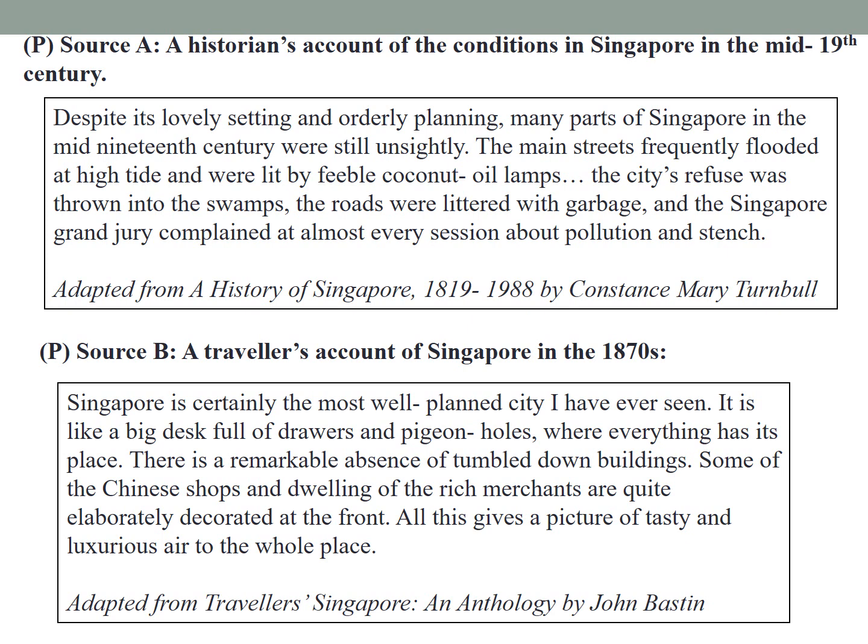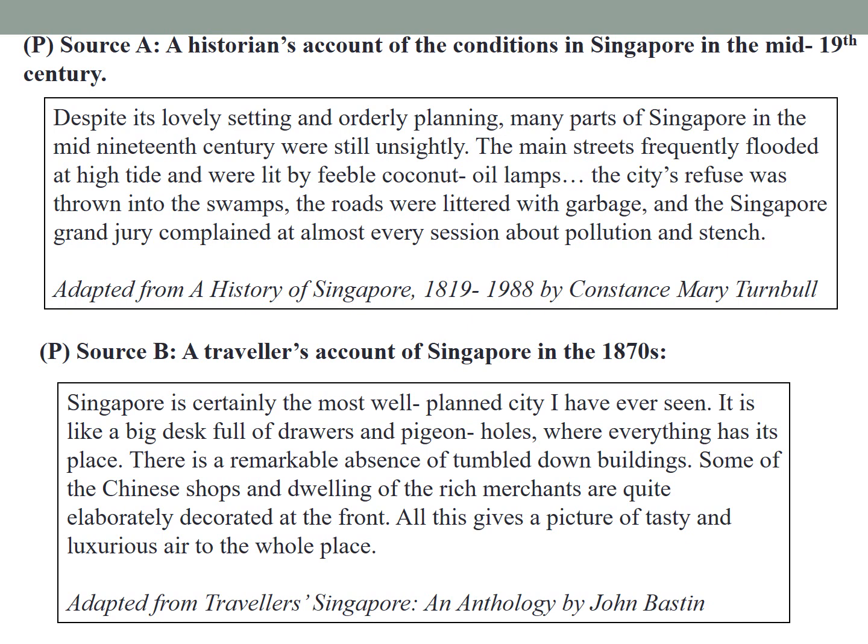In this case, it's a book. What's it about? It's about the conditions in Singapore. Could be living conditions, could be just conditions. And what is the time frame? It is the mid-19th century. So I know that the author is a historian talking about the conditions in Singapore in the mid-19th century. So let's read the source.